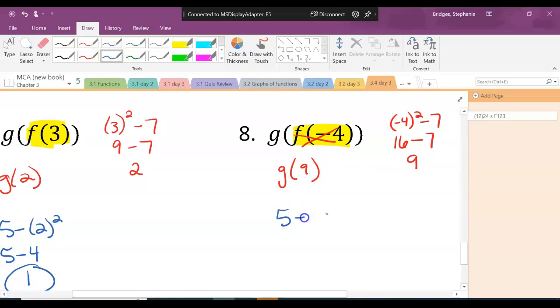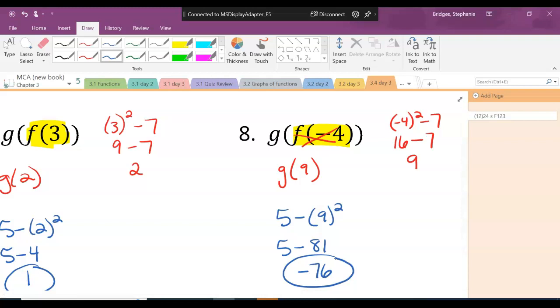And that is 5 minus 9 squared. So 5 minus, what is 9 squared? And 5 minus 81 gives me a final value of -76. Anybody have any questions? Definitely a lot easier than yesterday, right?